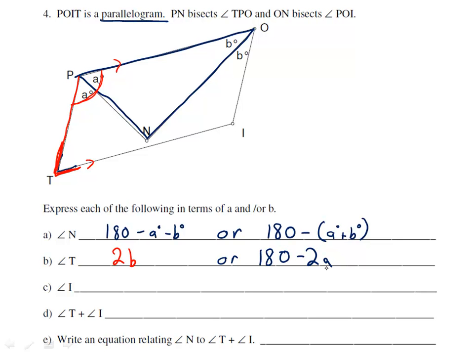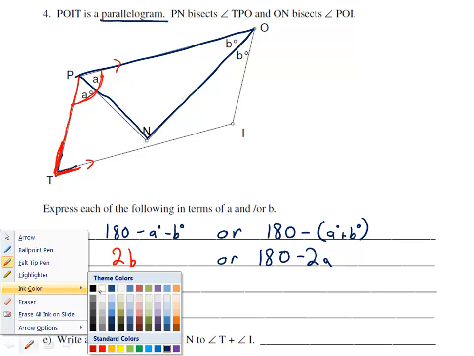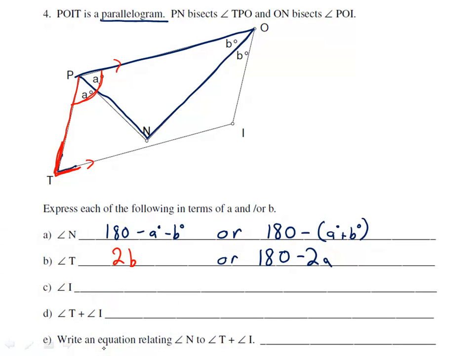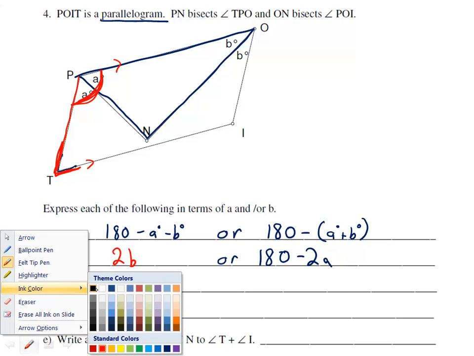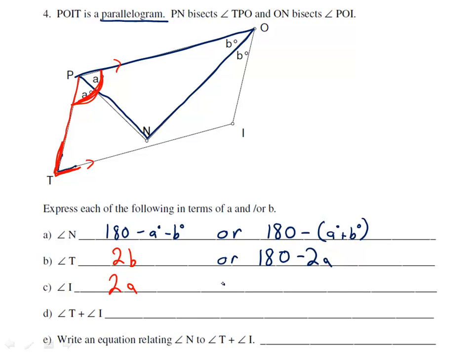How about angle I? We have the same situation brewing on that side. Many of you are going to say, because you know your 5 sufficient conditions so well, well, this angle is also opposite of this angle here, which is 2A, so I know I can say 2A. And in this particular figure, that would be correct. Or I can do the same thing. I can say, wait a minute, these are parallel lines, we have them marked parallel.